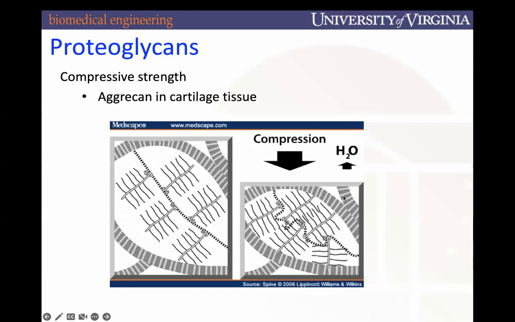But in particular, the two key things to take note of for resisting compressive forces are the repulsion from these negatively charged GAGs in close proximity, as well as an osmotic pressure that wants to drive water back in. And so those two key driving forces help to provide compressive strength to our tissues rich in GAGs, rich in proteoglycans.